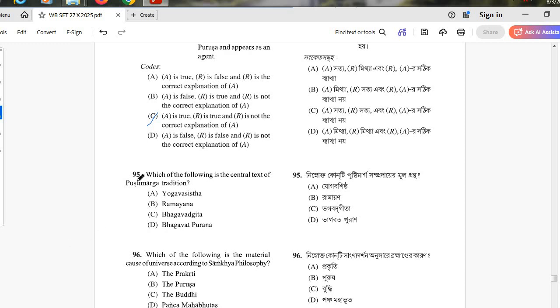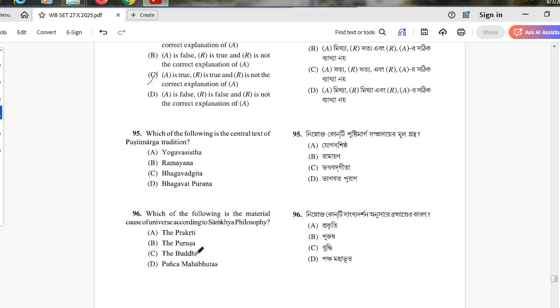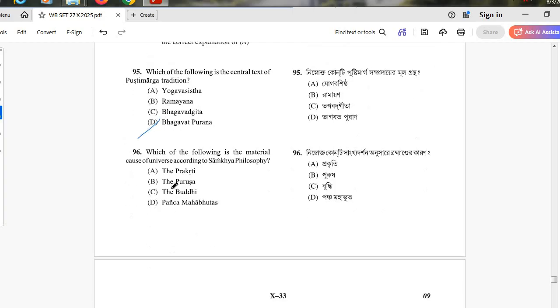Question 95: Which of the following is the central text of the Pushti Marg tradition? Yogavasishtha, Ramayana, Bhagavad Gita, Bhagavata Purana. Question 95 is option D, Bhagavata Purana. Question 96: Which of the following is the material cause of the universe according to Sankhya philosophy?